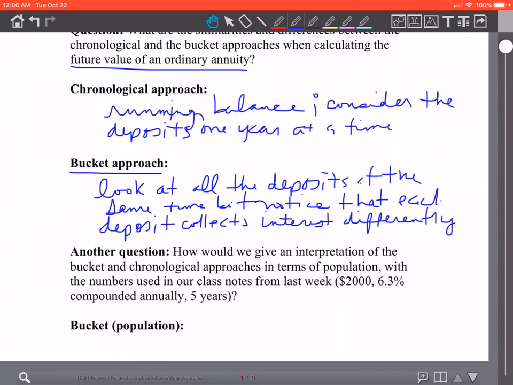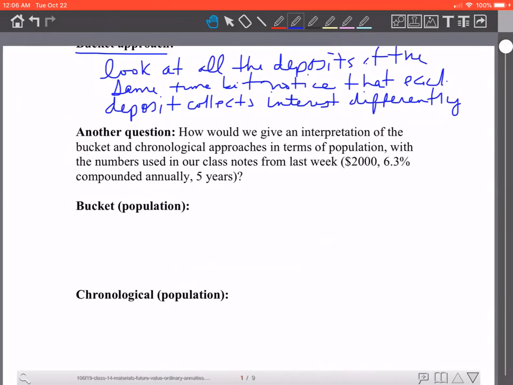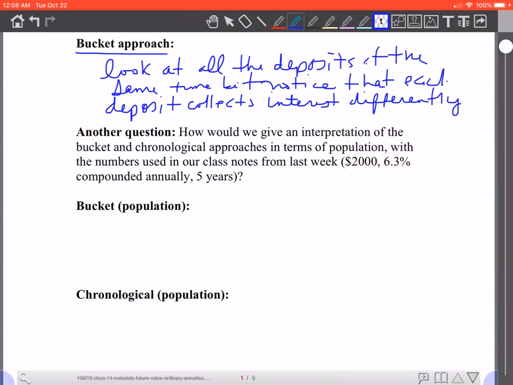Every once in a while, we'll come across an example that doesn't really talk about money, but can still be thought of as a compound interest example. So for these same numbers, suppose that we're looking at 2,000, 6.3% compounded annually for 5 years. How could we consider this in terms of population?